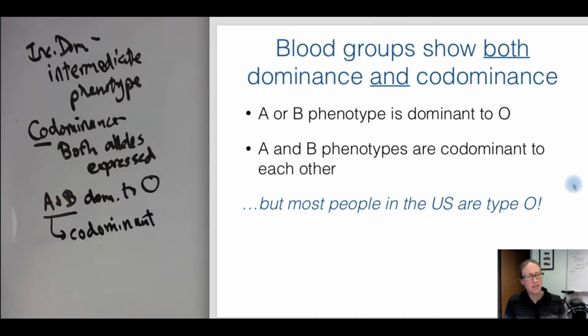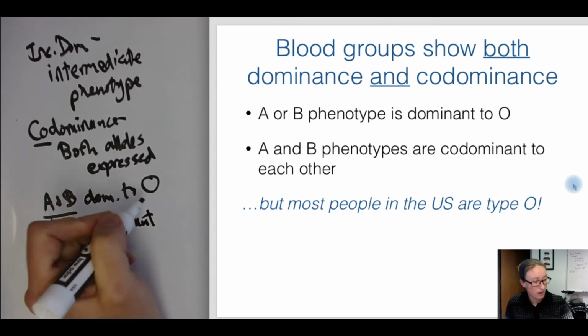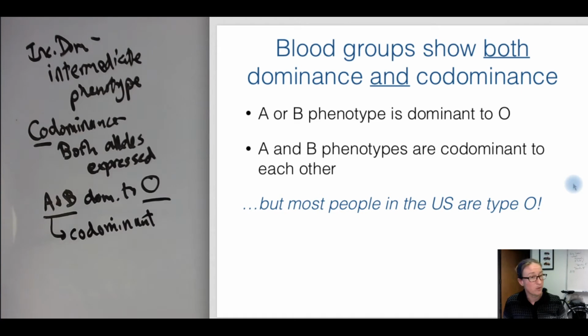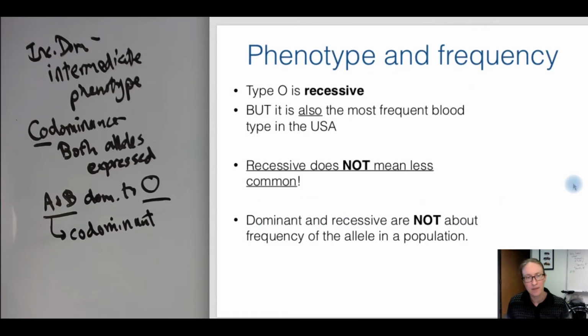Okay. But then there's another kind of funny thing about blood types, which is this might lead you to think, okay, if A and B are dominant, then those are probably the most common blood types, right? But actually, most of the people in the US are type O. So they have the recessive phenotype.